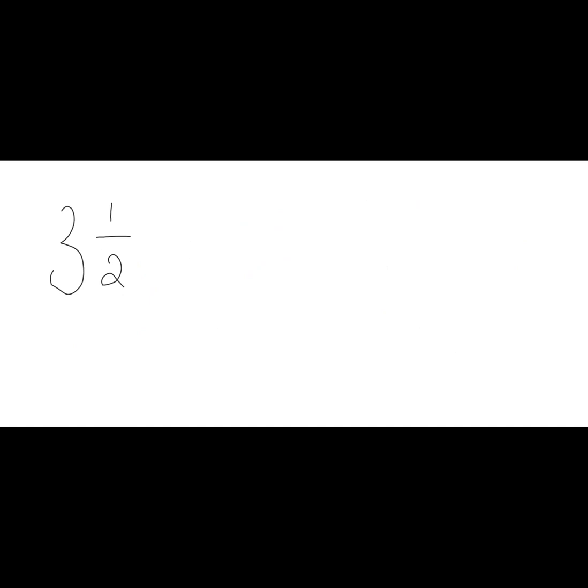Converting from a mixed number to an improper fraction is now a bit tricky. Whenever we are converting from a mixed number to an improper fraction, the numerator stays right there. We use our denominator and multiply by the whole number. So that's 3 times 2, right?